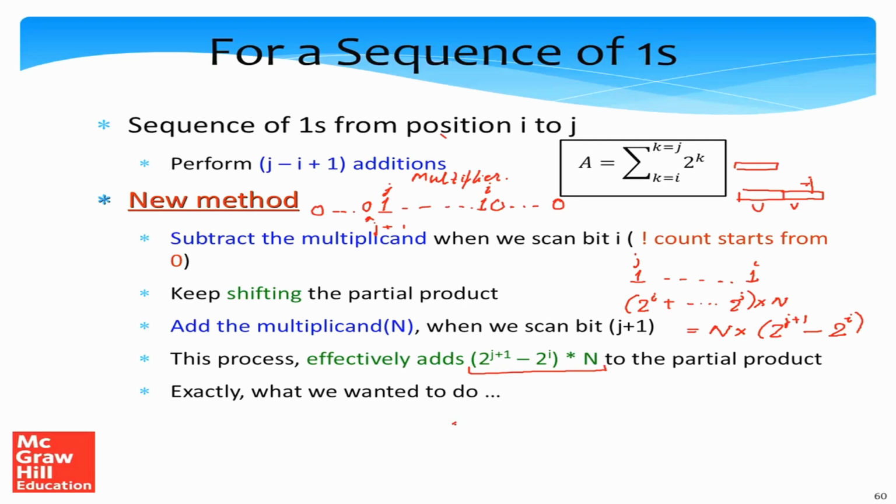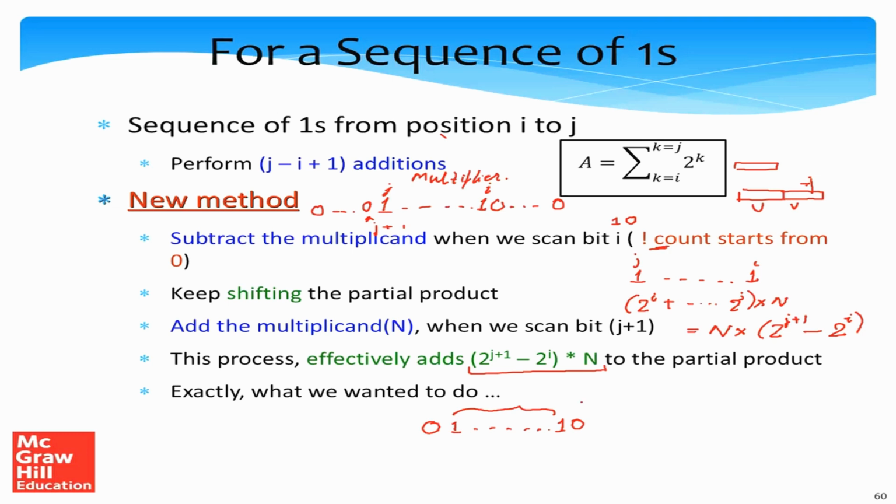So the insight is that if we have, let's say, a string of ones, and there's a 0 at the beginning and a 0 at the end. So basically this is what we are trying to say: even if we are looking at the first bit position and it is a 1, we'll assume that just before it there is a hypothetical 0.